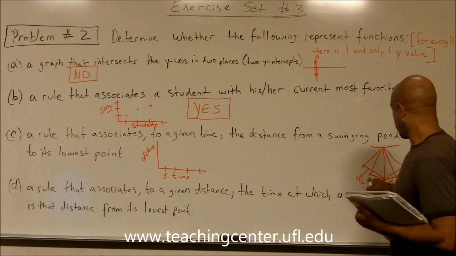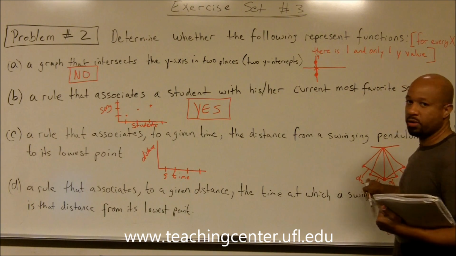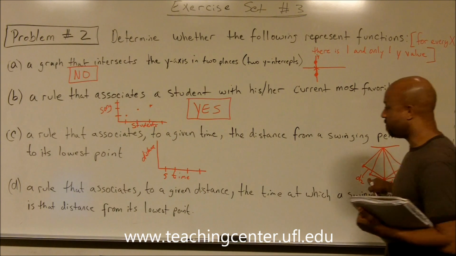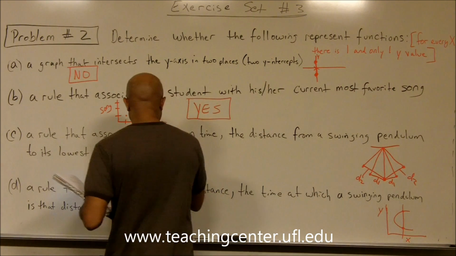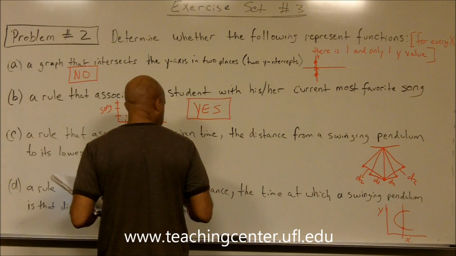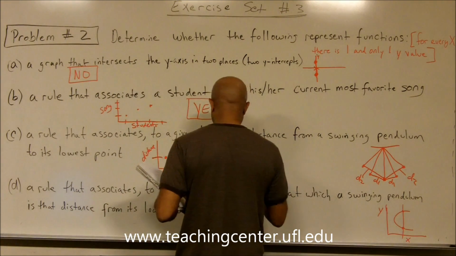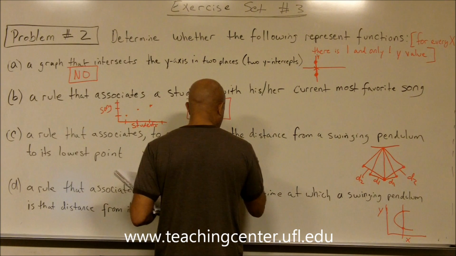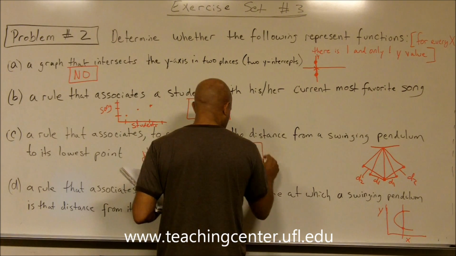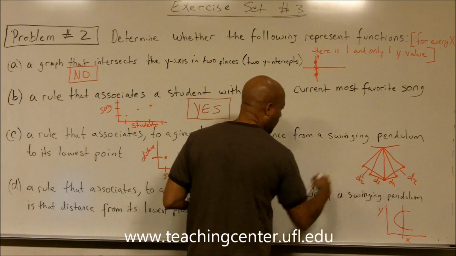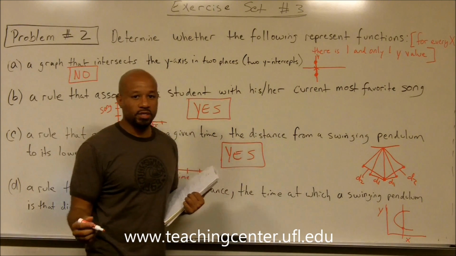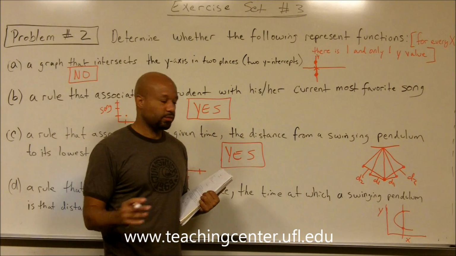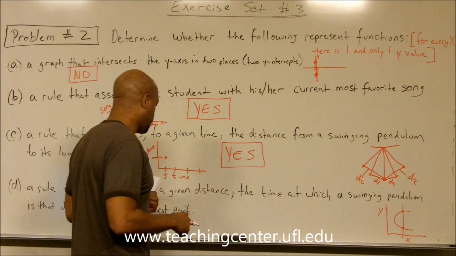So it can't be in more than one place at one time, and so it can only have one y value. And so this is actually going to be a functional relationship. So yes, because at any point in time, it can only have one distance away from its lowest point.